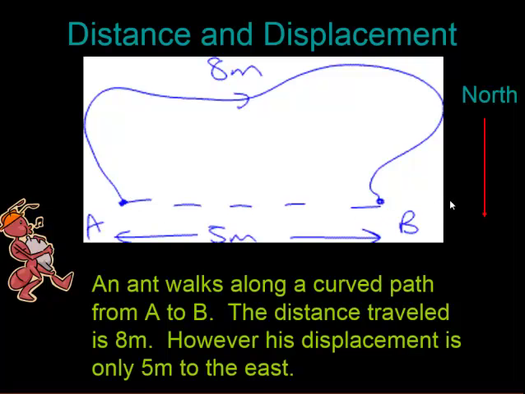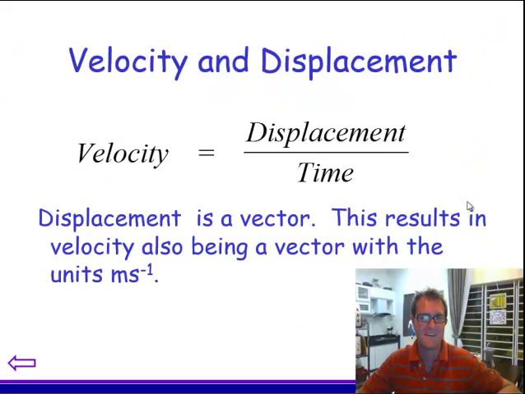Now the reason I introduce distance and displacement is because displacement is used in the calculation of velocity. So velocity equals displacement divided by time. As displacement is a vector, then velocity is also a vector with the units meters per second.